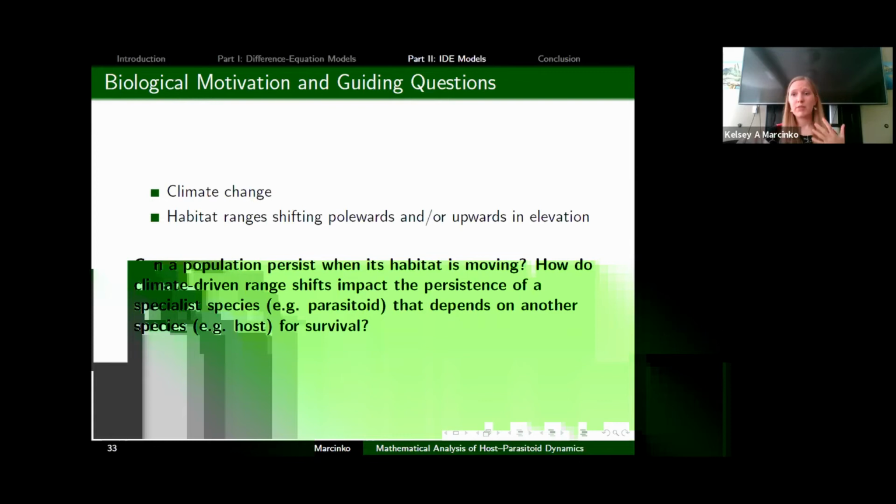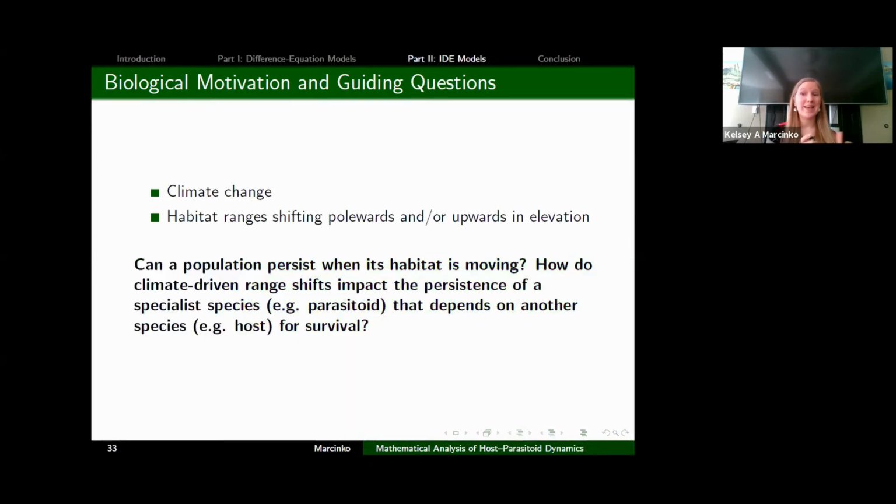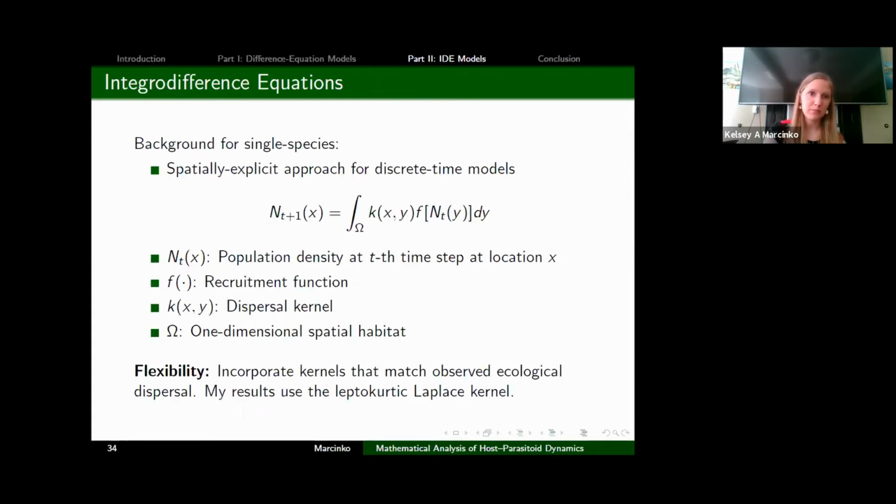So the guiding question here is, can a population persist when its habitat is moving? And how do climate-driven range shifts impact the persistence of a specialist species, the parasitoid, that depends on another species, the host, for its survival?